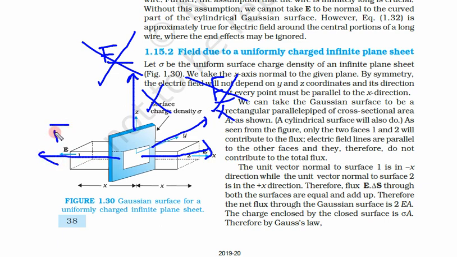Here it is E and the direction is negative. Here the direction is positive. So this is plus E, this is minus E, and in the other two directions there will be no electric field because the sheet is infinite in these two directions, y and z. The electric field will always be only in the x and minus x directions.